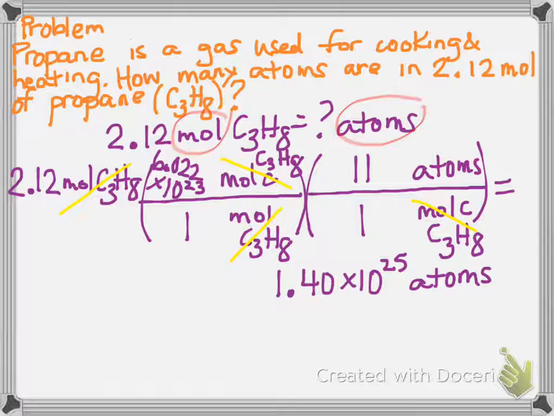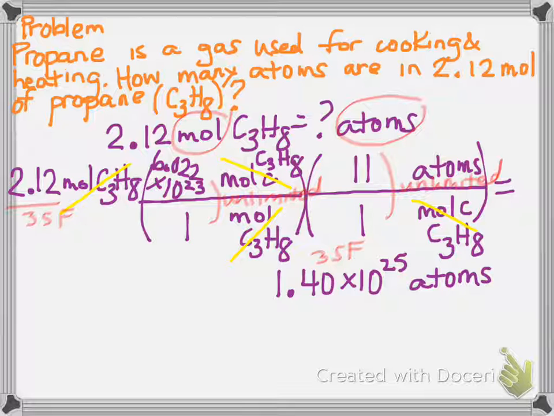I need to have 3 significant figures because this has 3 sig figs. This is a definition, it is unlimited. And this also is a definition and is unlimited. So my answer has to have 3 sig figs.